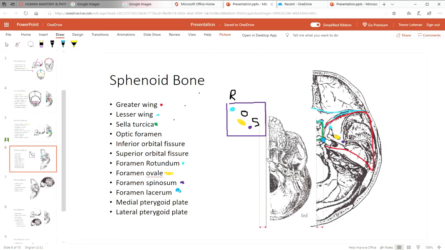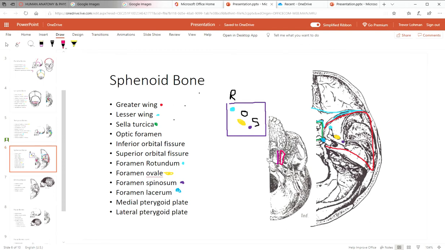Right about there, I guess. And again, you're going to be able to see this a lot better in the other video, but you have these two plates. One is right here, and the other is right here.